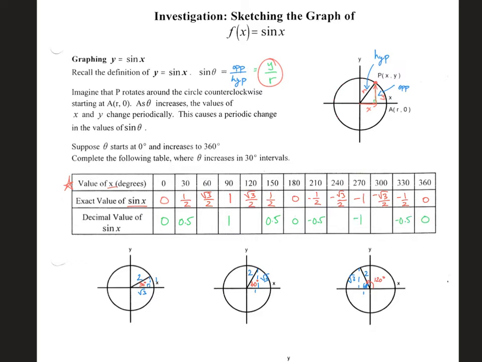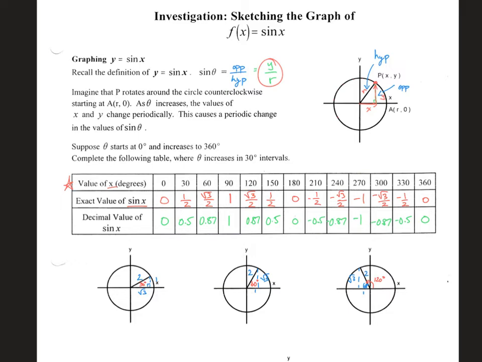The only thing that I need to come up with an approximate for is my root 3 over 2. So go ahead and push some buttons, get that value. And so we should have found then that we get approximately 0.87, that being negative, and that ends up being our table of values.